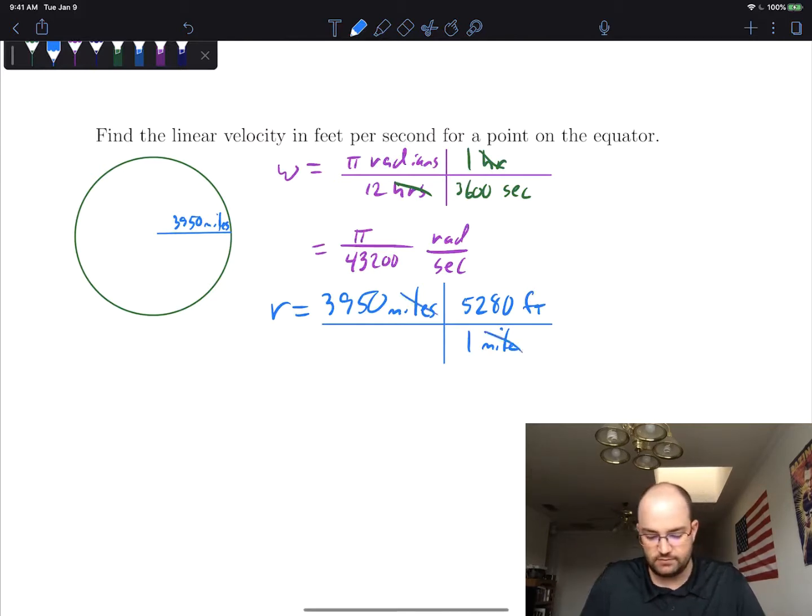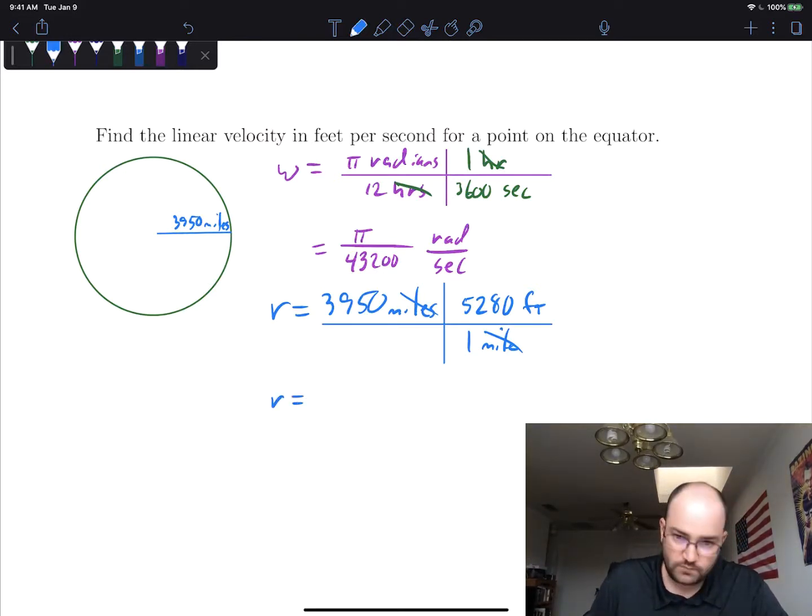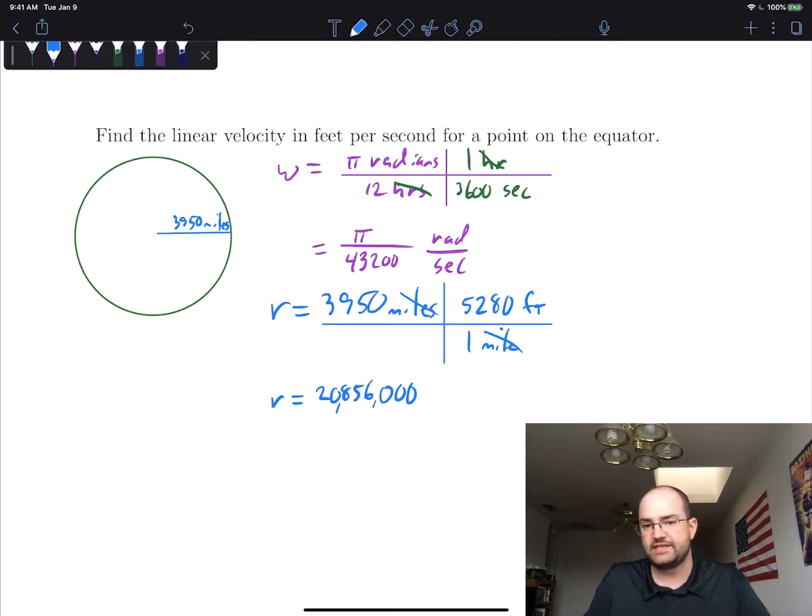So the miles cancel, and we multiply straight across: 3,950 times 5,280. It's quite large. So R is equal to 20,856,000, in other words, 20,856,000 feet.